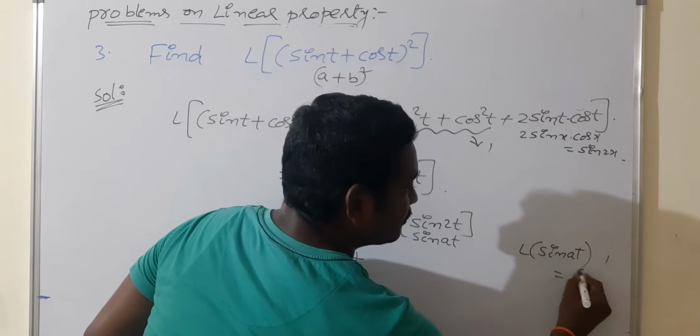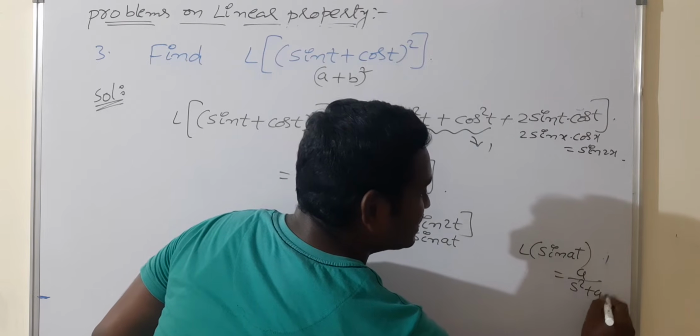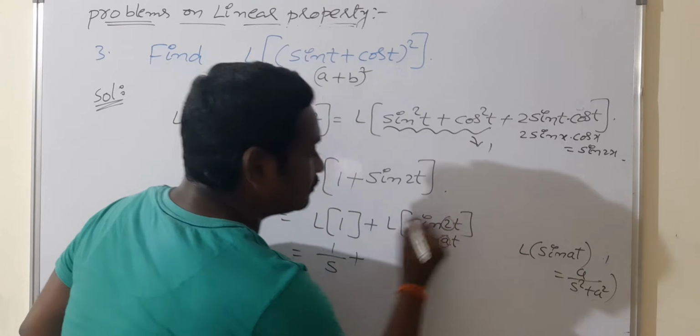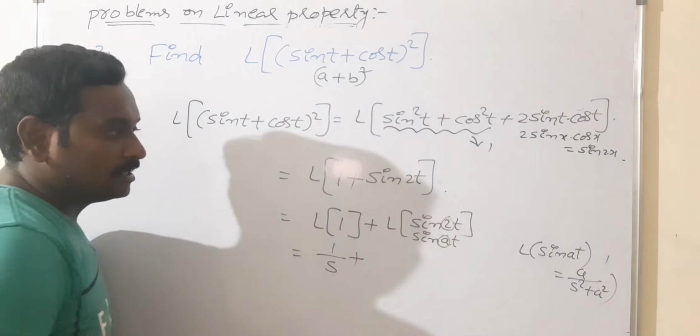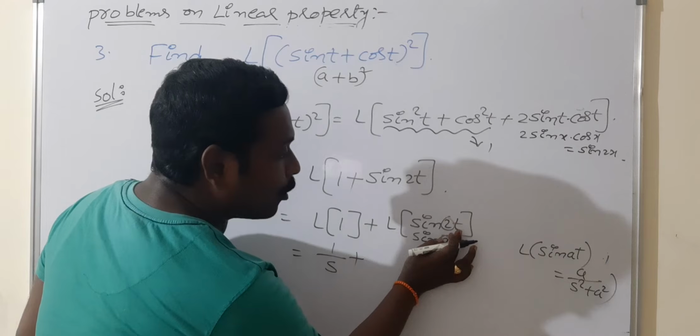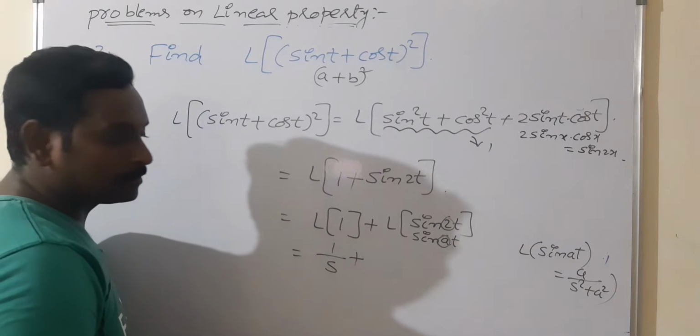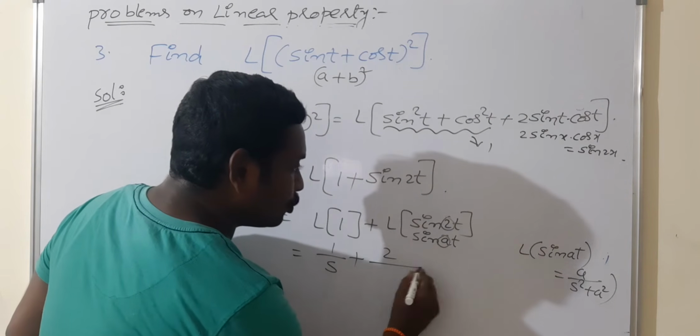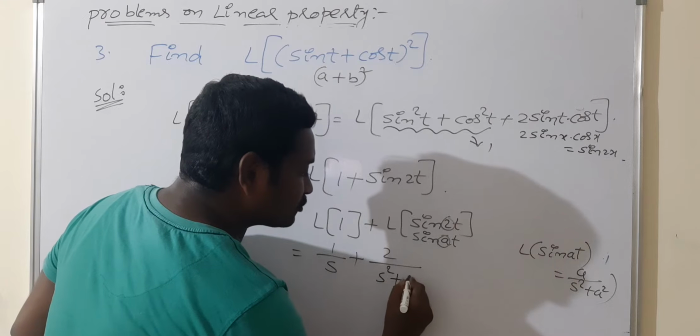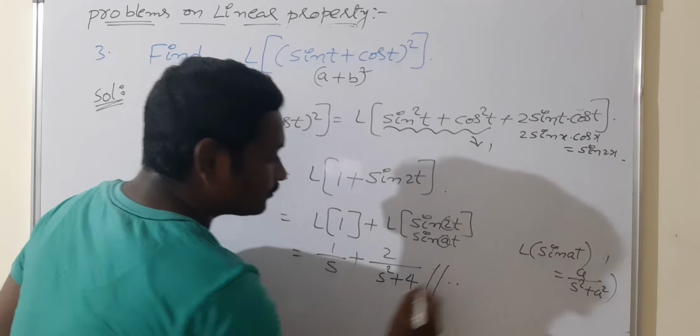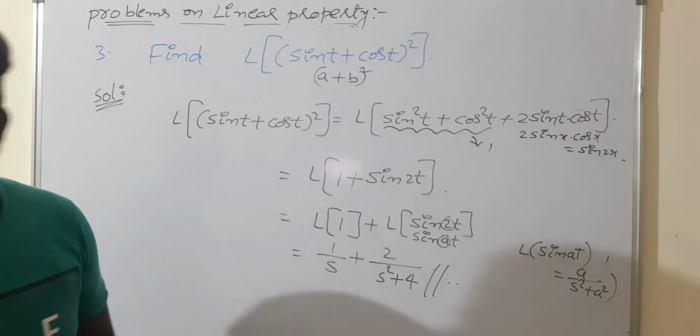L of sin at is equal to a by s square plus a square. Here what is the a value? 2. Here a is nothing but the coefficient of t in the trigonometric term. That's why you will get 2 by s square plus 2 square, which is 4. This is the answer.